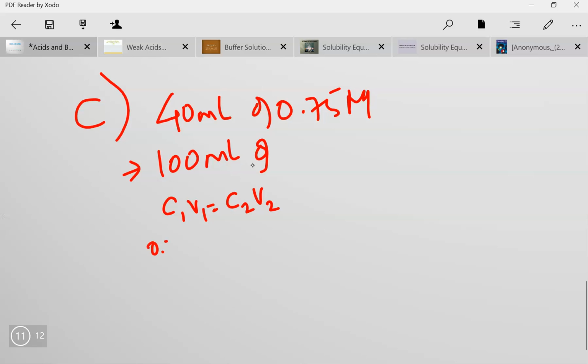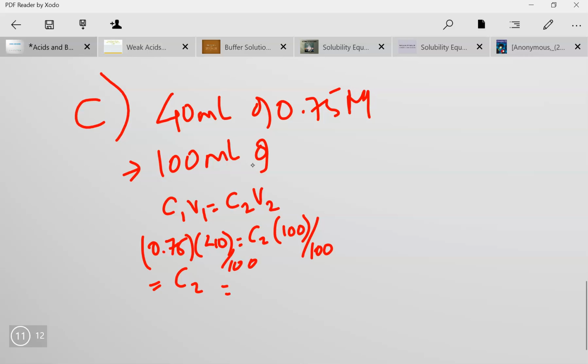So 0.75, which is C1, times 40 equals C2 times 100. So C2 just equals 0.75 times 40, divide both sides by 100, and we have C2 equals 0.3 molar.